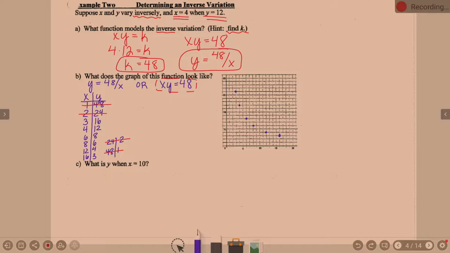Thoughts on what this graph is doing? Curving. Curving how?